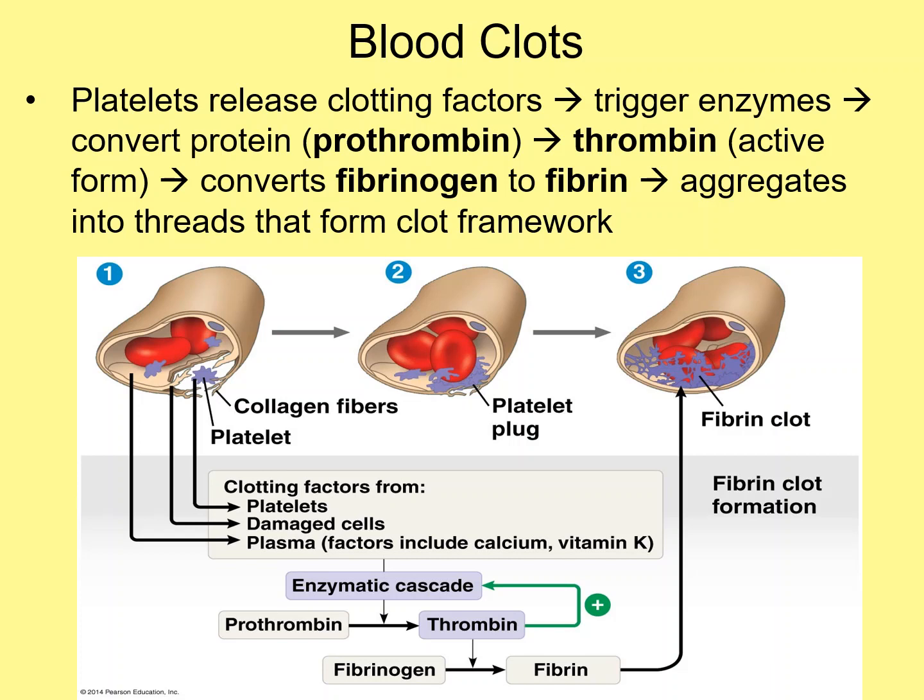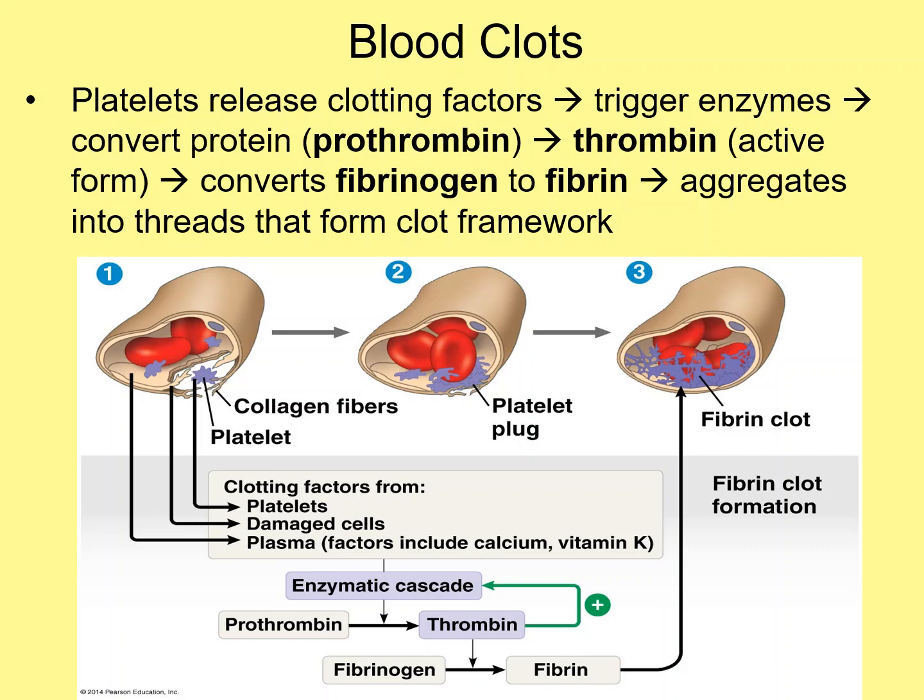As we can see on the drawing, clotting factors are being released by platelets, again in response to signals from those damaged cells. Some clotting factors are released by the damaged cells themselves, and some, of course, are carried in the plasma already, including things like vitamin K. These clotting factors trigger the conversion of enzymes, which are proteins dissolved in your bloodstream in their inactive form.